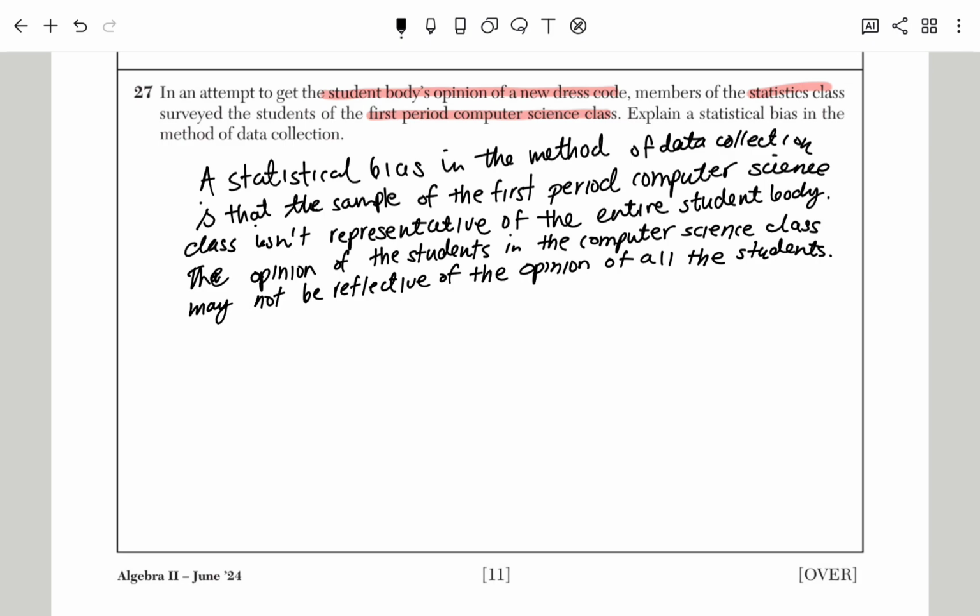Same thing if you're going to ask students in first period English, not all the students have first period English. First period English might just be freshmen, might just be sophomores, or freshmen and sophomores who may have different opinions from the seniors and the juniors. So you always want to make sure that your sample is representative and reflective of the entire population.